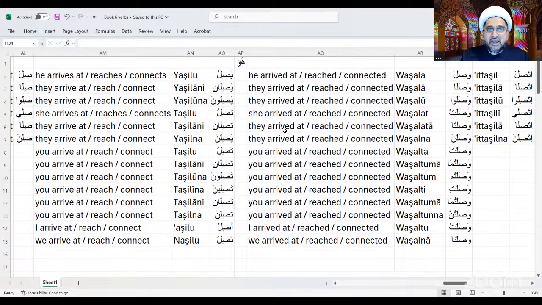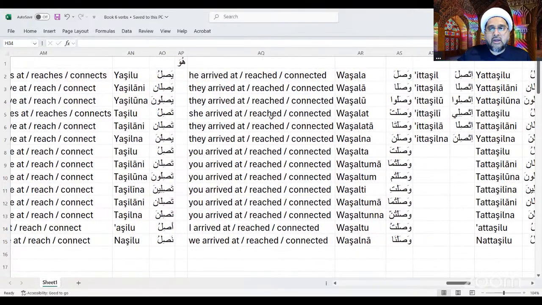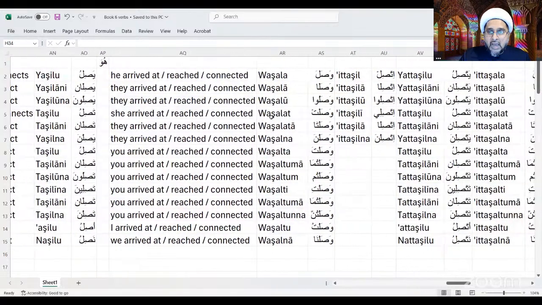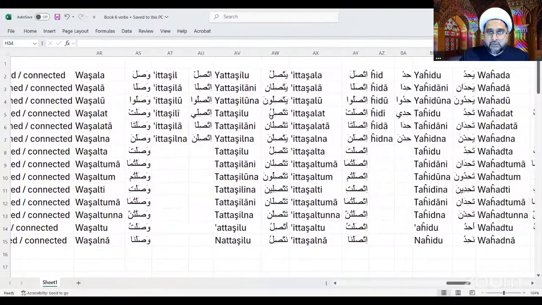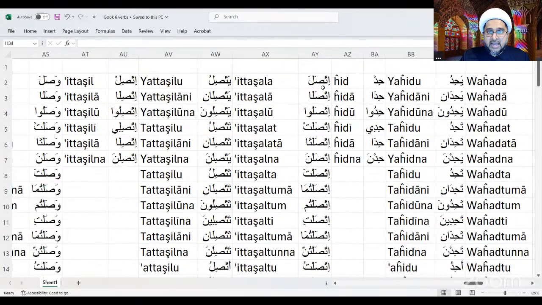So whenever there is a wow coming in the beginning of the verb, of a three-letter verb, as I said, wasala, and when this is going to now be changed to a five-letter verb on the pattern of ifta'ala, yafta'ilu, what will happen is this, the wow, can you see this now?